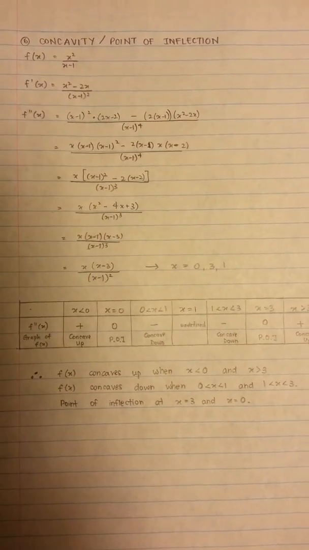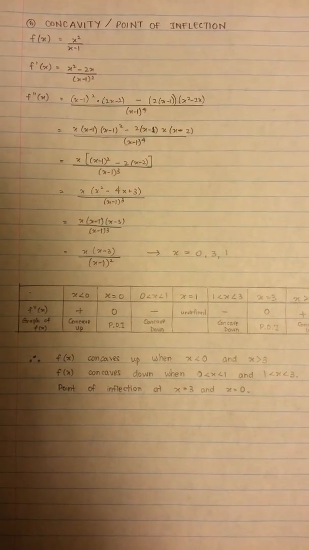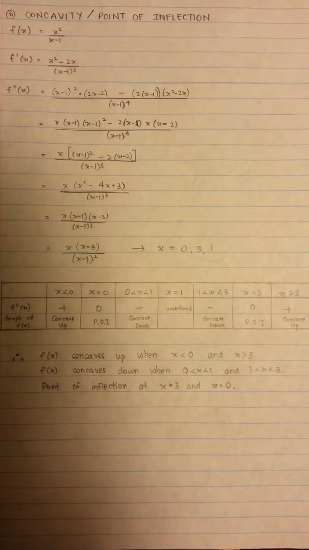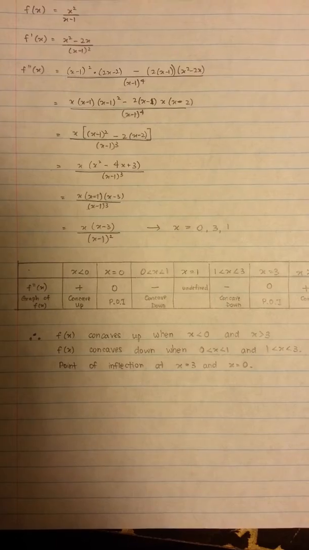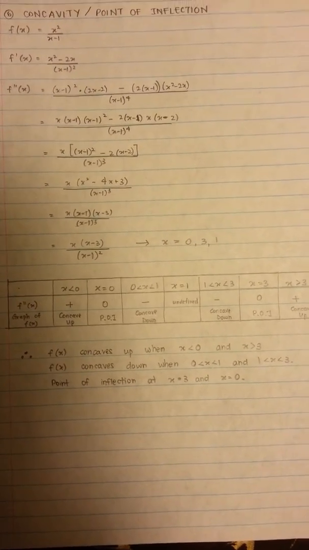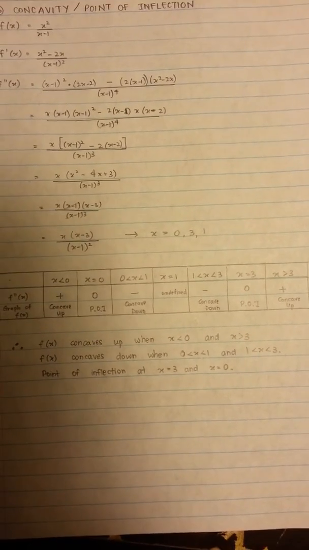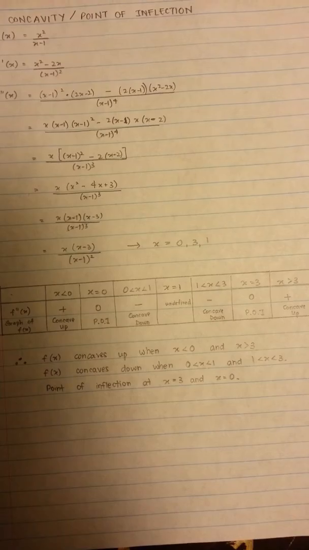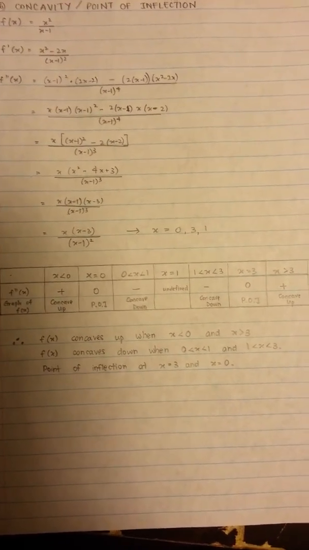And when I substituted my test values from those intervals into the second derivative, I found that f(x) concaves up when x is less than 0 and x is greater than 3. f(x) concaves down when x is between 0 and 1 and x is between 1 and 3. And the points of inflection are at x equals 3 and at x equals 0.